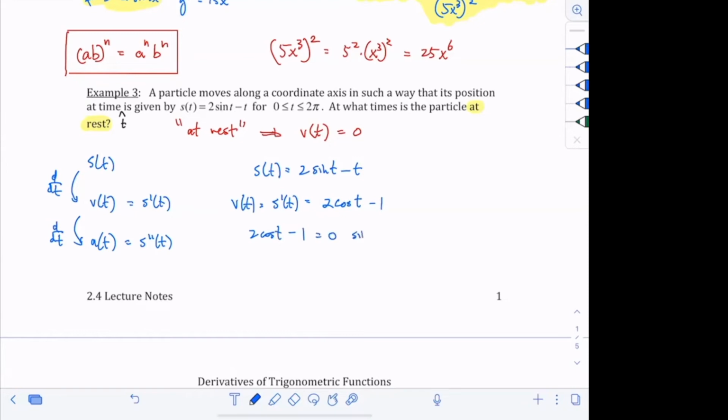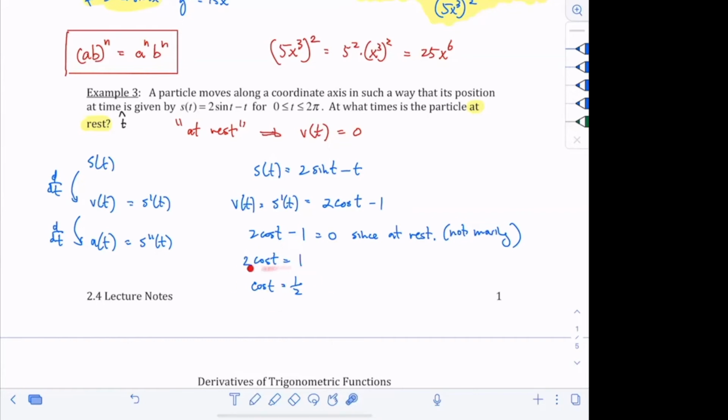Since we are talking about at rest, meaning not moving, when I solve this, I can add 1 to both sides. I get 2 cosine of t is equal to 1. And divide both sides by 2, I get cosine of t is equal to 1/2. So I've got to solve this.